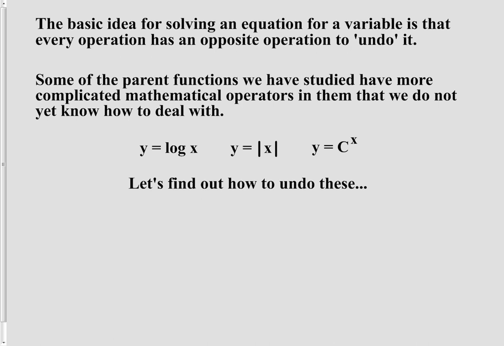I think we're pretty familiar with absolute value bars, but we may not be real sure how to remove them inside of a problem. And then, of course, you have the exponential equation down there on the right, and that one is new to us as well. We're just barely beginning to learn the graph and how it behaves. So moving them around in an equation at this point in time would be a little bit unknown to us. So let's see if we can figure out what to do.